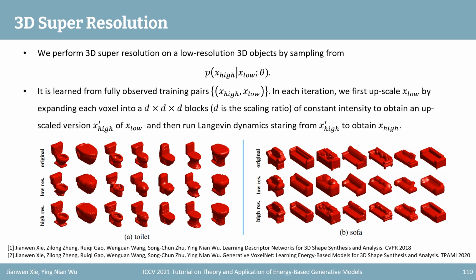And then it runs Langevin dynamics starting from the upscaled versions to obtain the high-resolution output. Super resolution results for categories toilet and sofa are shown in the figure.